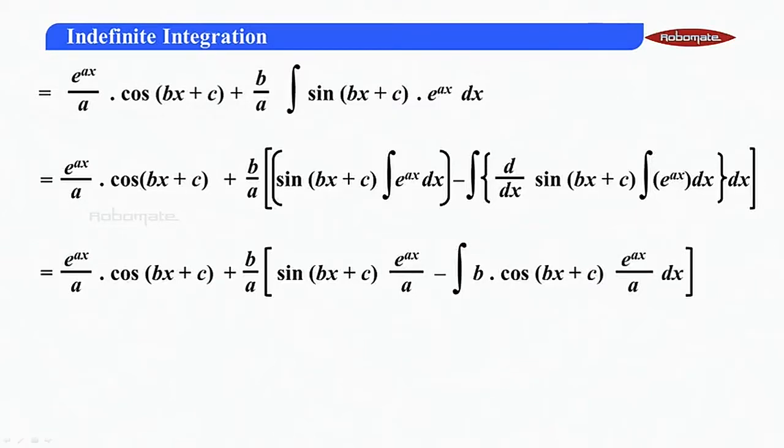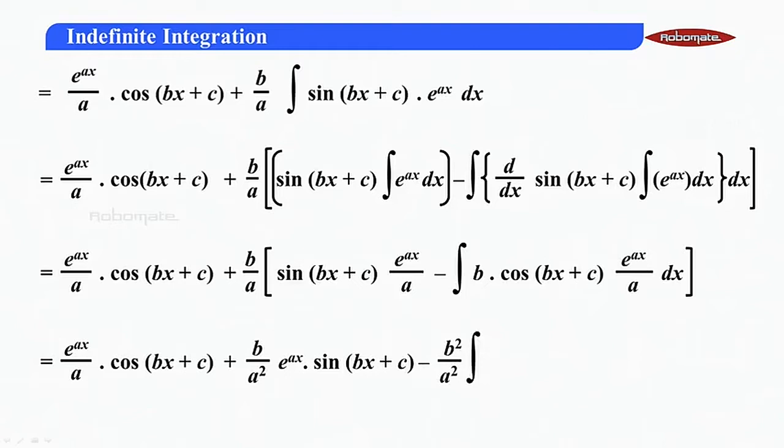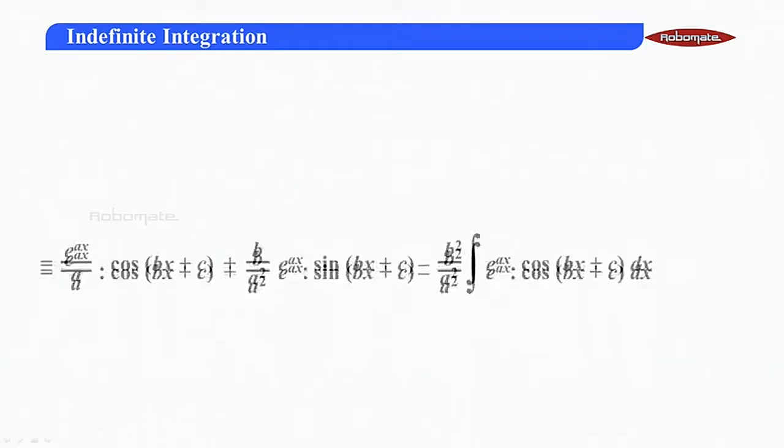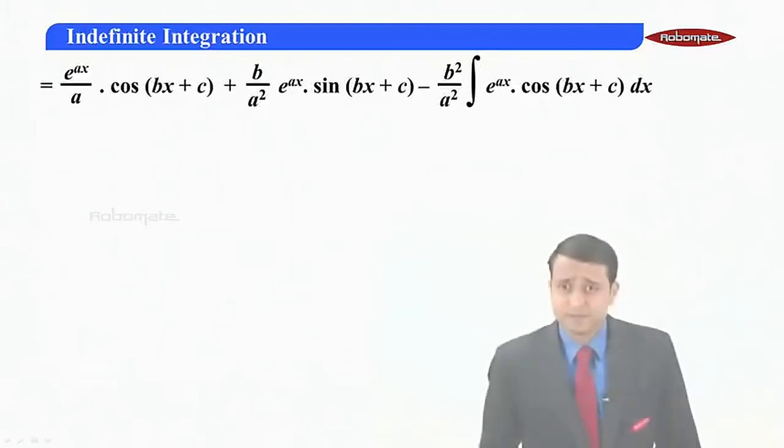Now let's see the next step: e raised to ax cos bx plus c plus, now can I say b by a square sine of bx plus c into e raised to ax minus of b square by a square integral of e raised to ax cos bx plus c dx. Is that okay, my dear students? Now let's see further.